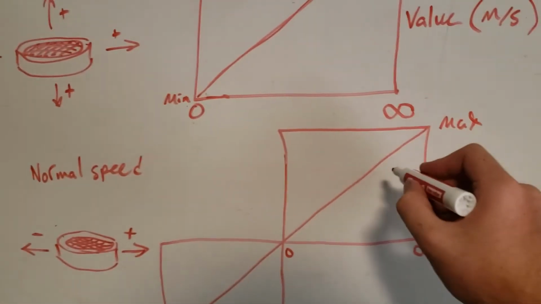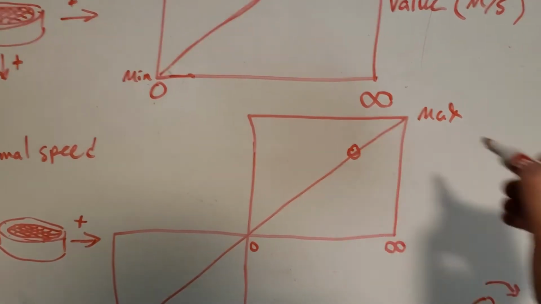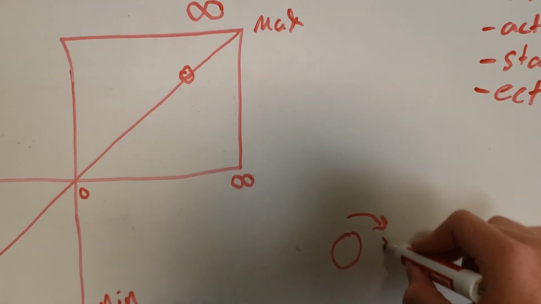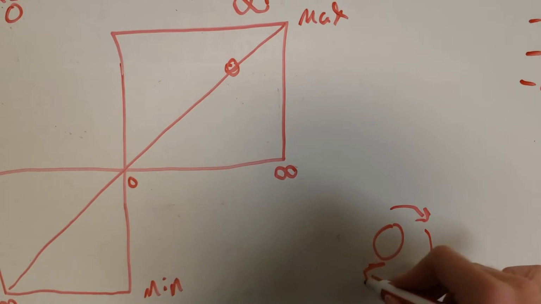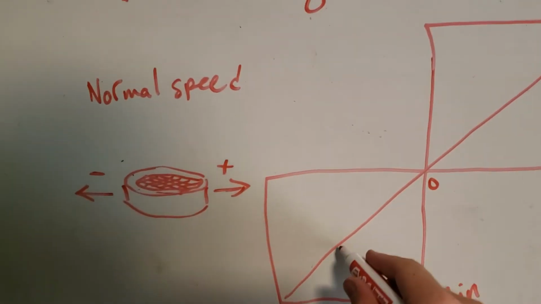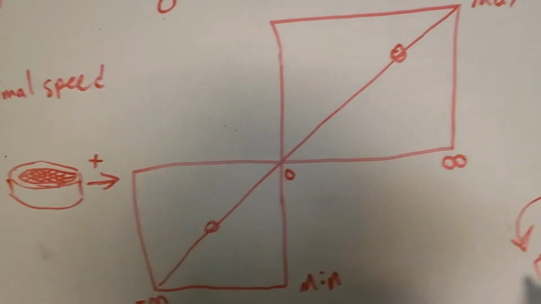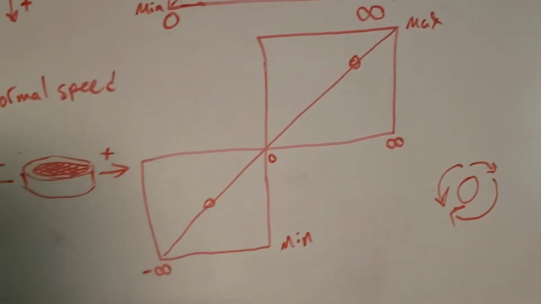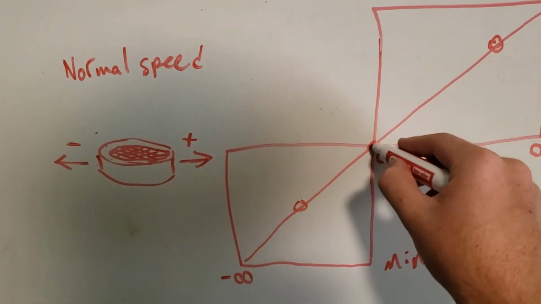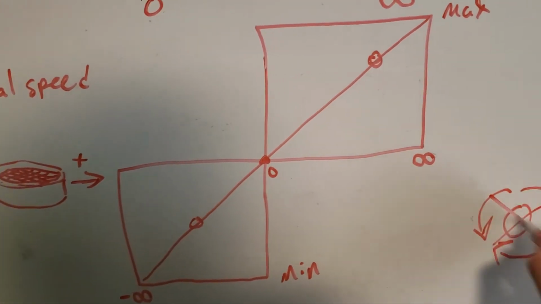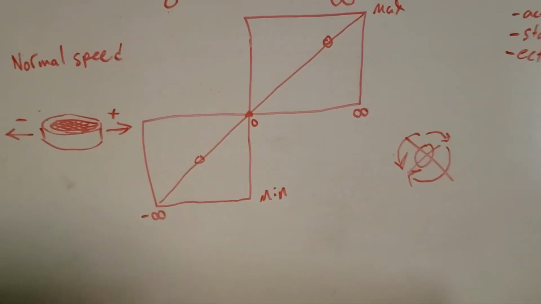So a signal up here would cause this actuator to rotate in a normal direction. A signal past this point would cause it to rotate back like that. And then something here, and you'd get no rotation at all.